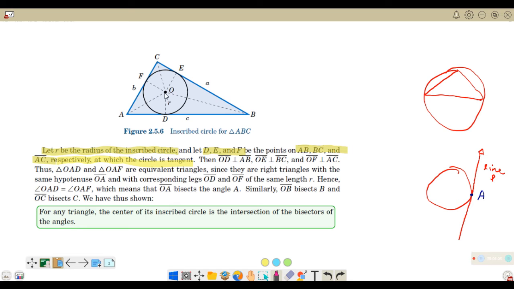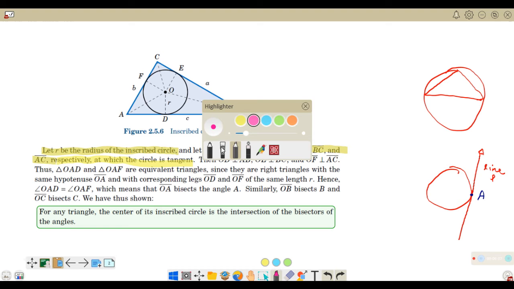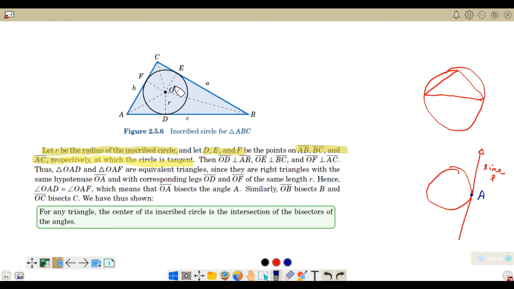Angle OAD is congruent to angle OAF. Okay? So, we use CPCTC: congruent parts of congruent triangles are also congruent. Let's explain what CPCTC means. Why is angle OAD congruent to angle OAF? I'll draw it separately so you don't see the other parts.